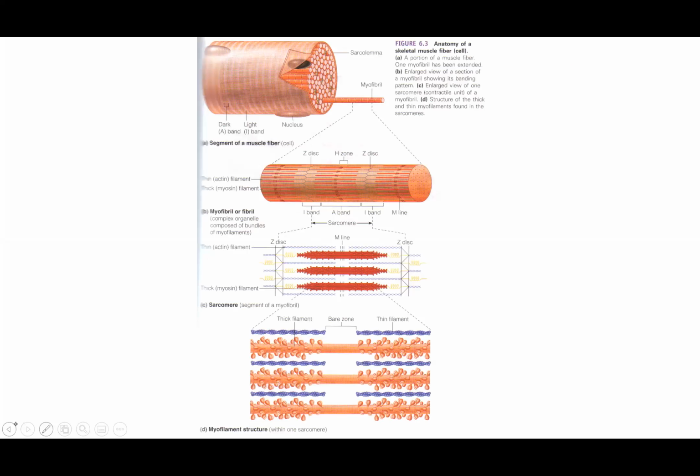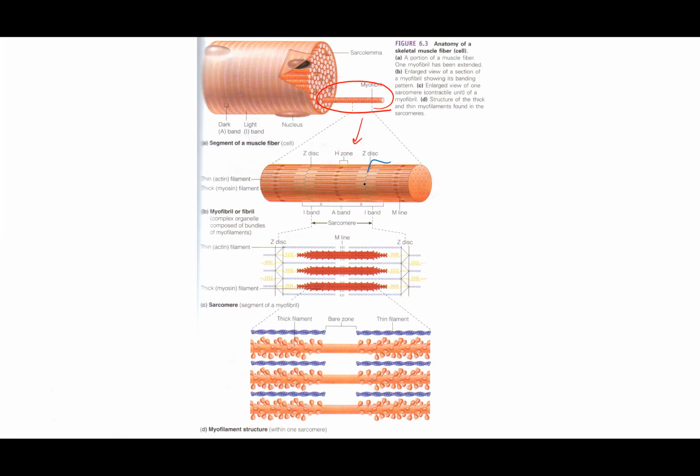Okay, inside of a muscle cell, we're going to take out one particular strand and zoom in and look at it. And we have different components to this muscle fiber or muscle cell.